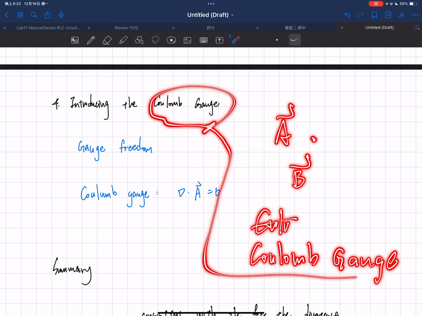And we just set divergence of A equal to 0.